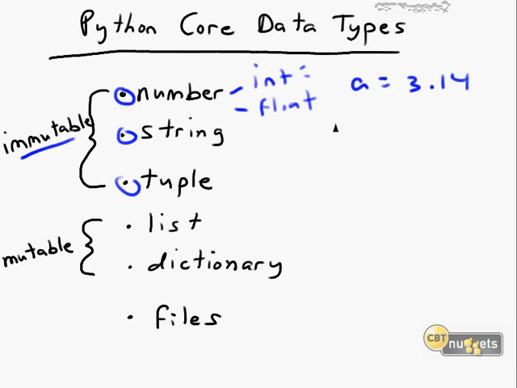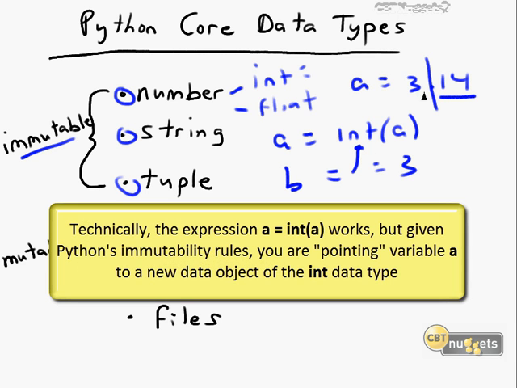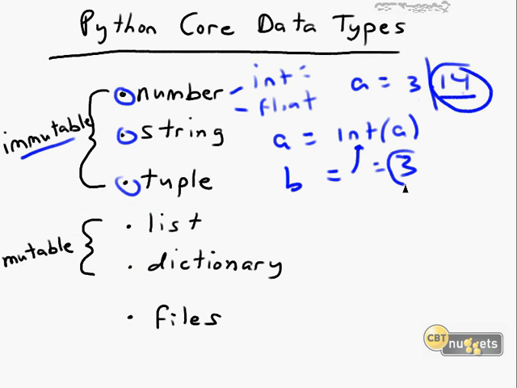We could do something like this, int(a), and what that would do is essentially just take this .14 and chop it off and come back with a value of 3. But we wouldn't be able to say a equals int(a). We would have to create another variable that takes this 3.14 float, just essentially chops off the right of the decimal point, gives us our 3 integer, and then we have our original a that's a float, and then we have a b that's an integer.